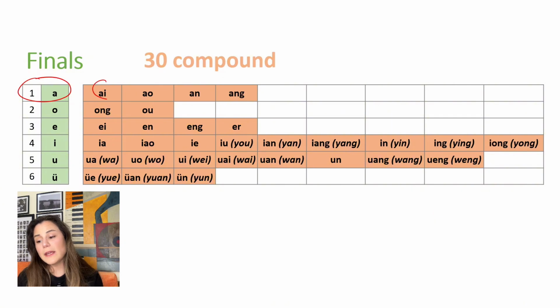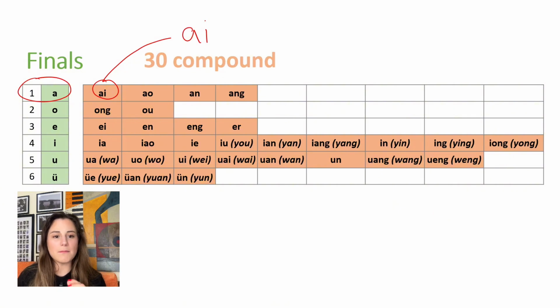Now, what I want to make a distinction about is that we don't stress both a and i when we say ai. We only stress the vowel that opens the mouth wider. With a, we open the mouth wide. With i, we don't open the mouth wide.